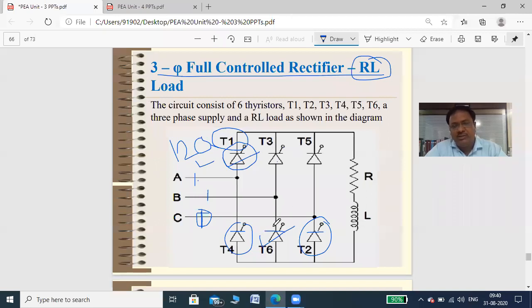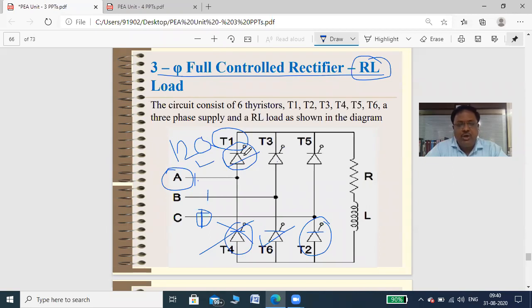Keep in mind this: whenever phase A is more positive, T1 is in forward bias. With that, either T6 or T2 will be on, right? If A is positive, then definitely T4 is never conducting, because if A is positive, T4 is always in reverse bias condition.